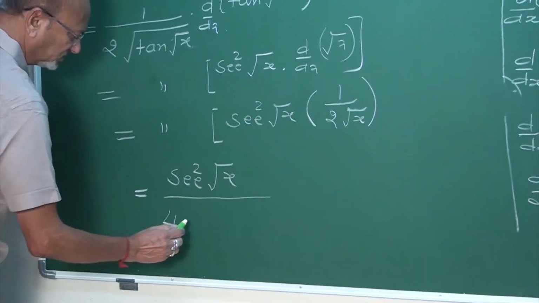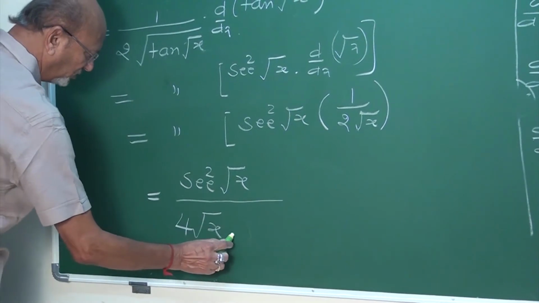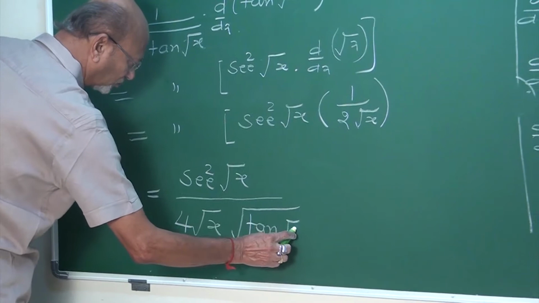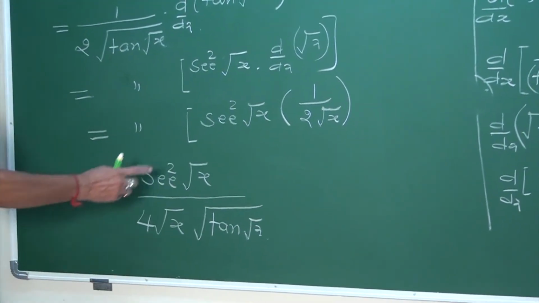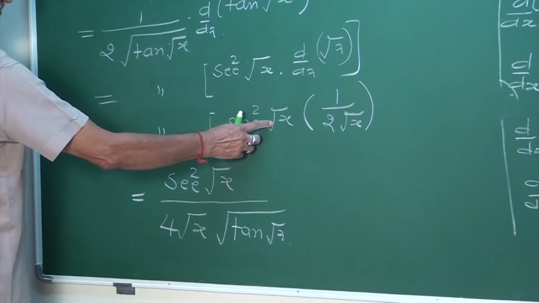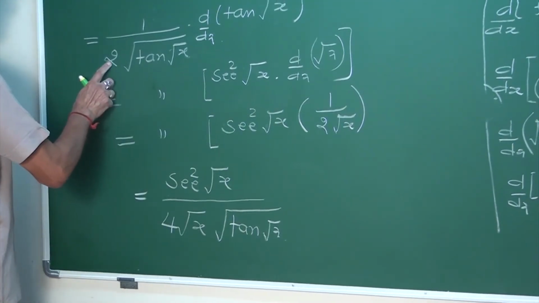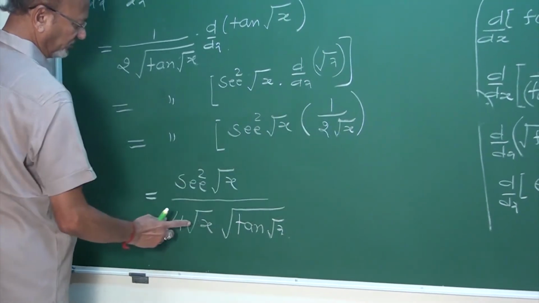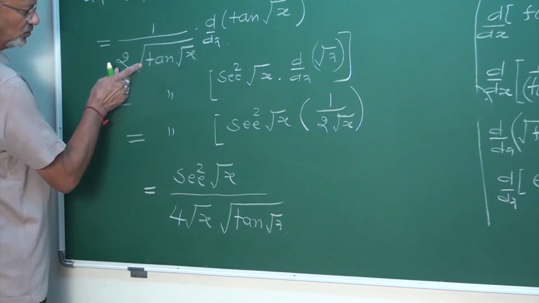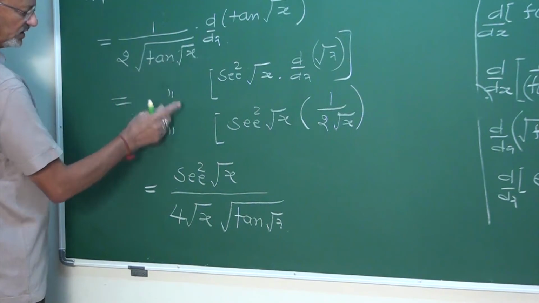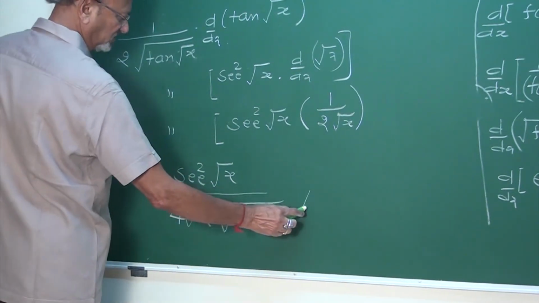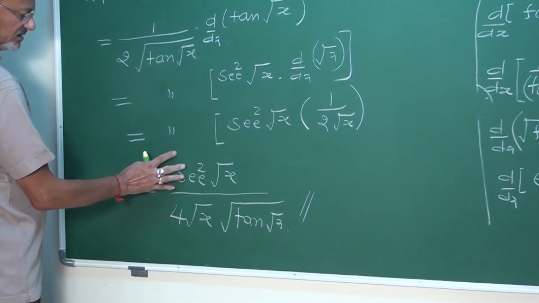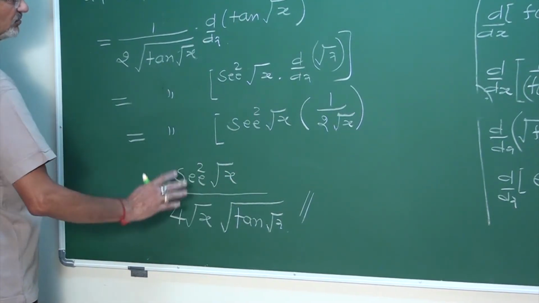This root x into root tan root x. Sec square root x, denominator 2 into 2 is 4. This root x written first into root tan root x. In such examples, examiners want the simplified form.